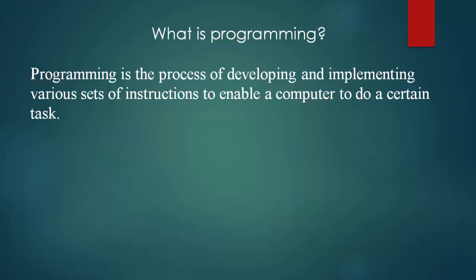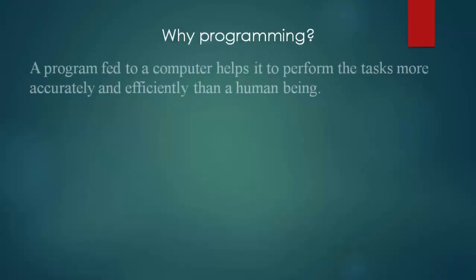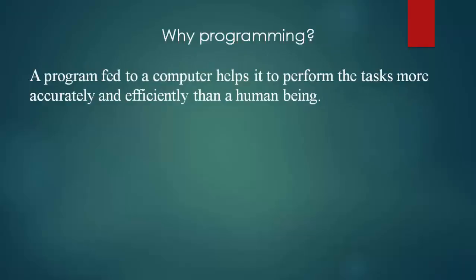So why do we need programming? The programming, when fed to a computer, performs a particular task much more accurately and efficiently than a human being. For example, imagine a manufacturing unit of a car. A lot of manpower is required to manufacture a car, and the accuracy needed for the manufacturing of a car is very high.